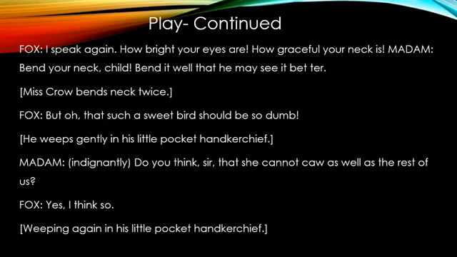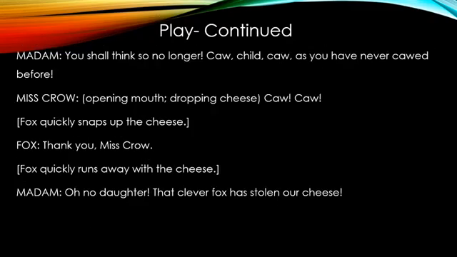Yes, I think so, weeping again in his little pocket handkerchief. You shall think so no longer. Caw, child, caw, as you have never cawed before. Then Miss Crow opens her mouth and drops the cheese. Caw, caw. Fox quickly snaps up the cheese. Thank you, Miss Caw. Fox quickly runs away with the cheese. Oh no, daughter, that clever fox has stolen our cheese.